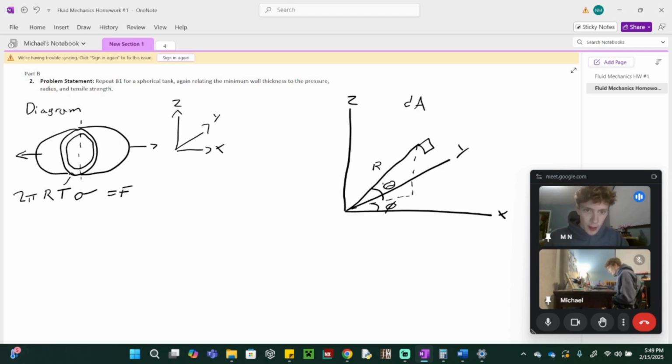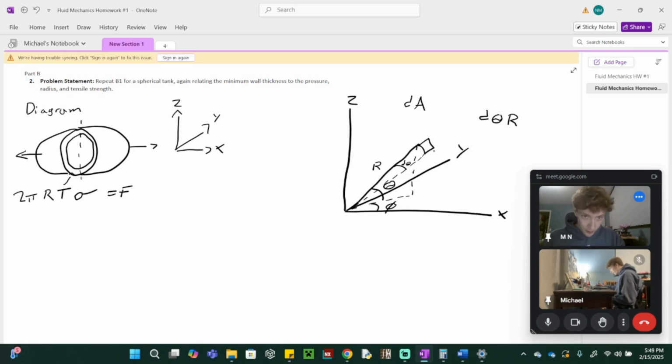So we know that this angle is theta. So the angle between this length right here would be d theta. And the length would be d theta times r. So this is that length covered.